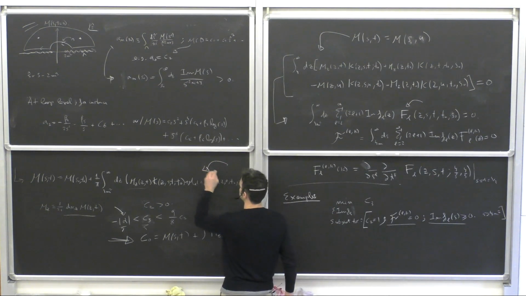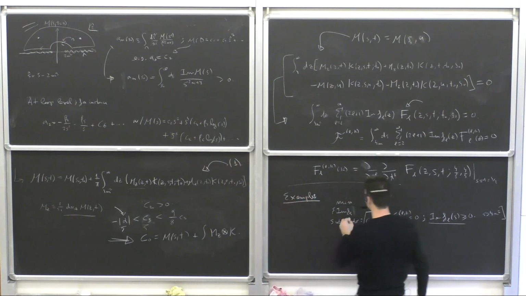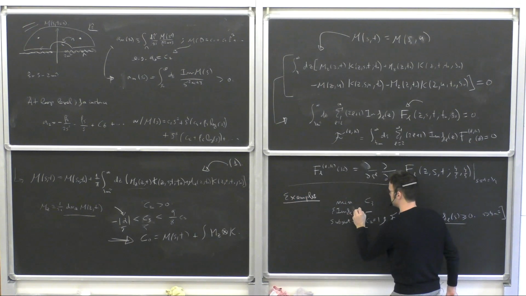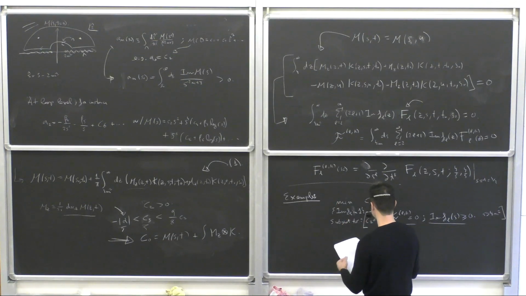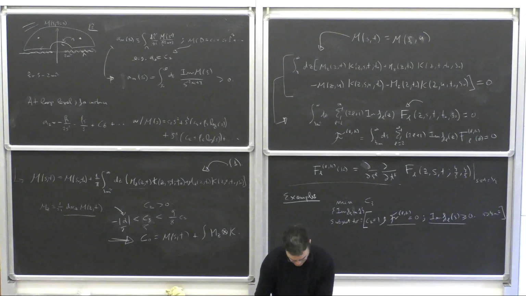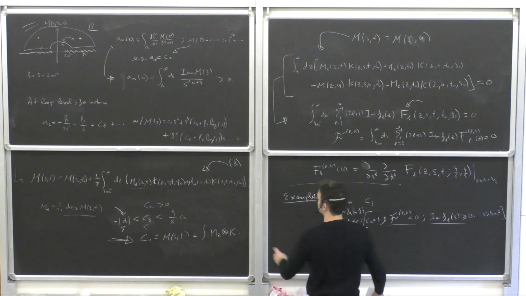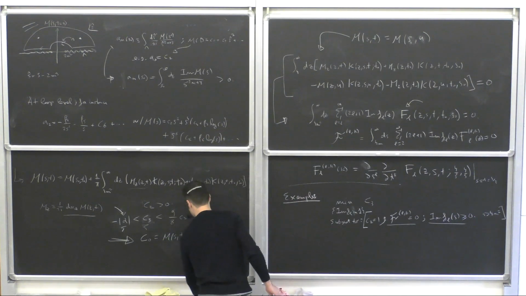Let me number this equation. Actually, a better way to write it is as follows. Let's write the dispersion relation for C3, and let me call it 1.